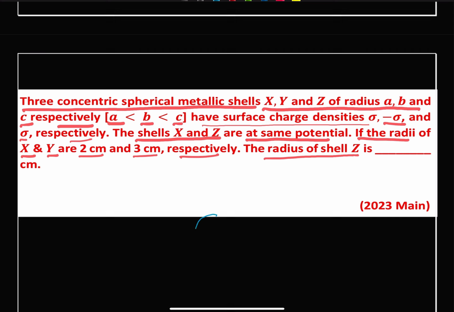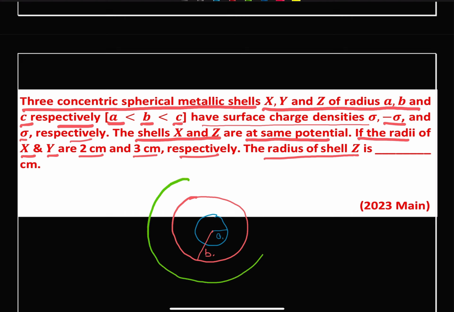So this is shell X, which is having a radius of A, and then we have our shell Y, which is having a radius of B, and finally we have shell Z, which is having a radius of C. So this is our X, Y and Z, and the charge density on X is given as plus sigma, on Y is minus sigma, and on Z is also plus sigma.